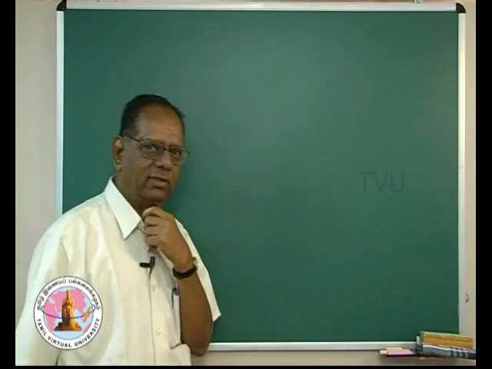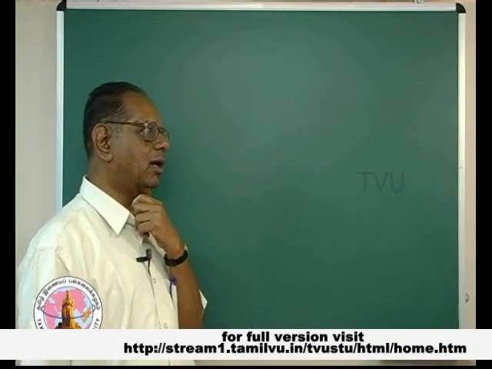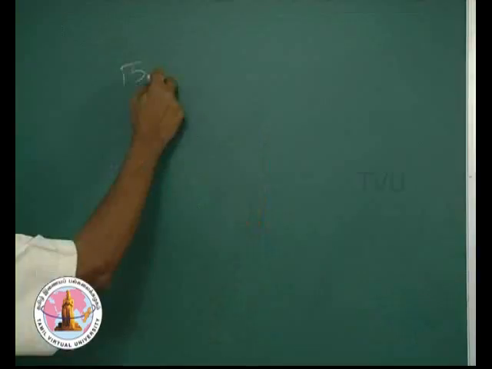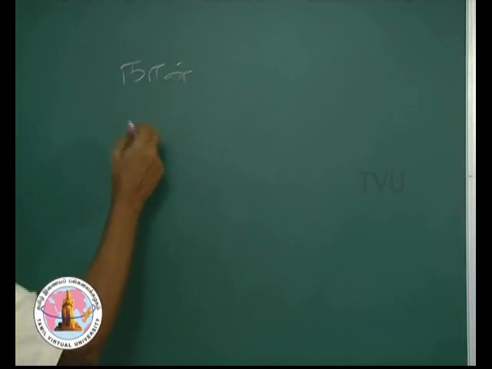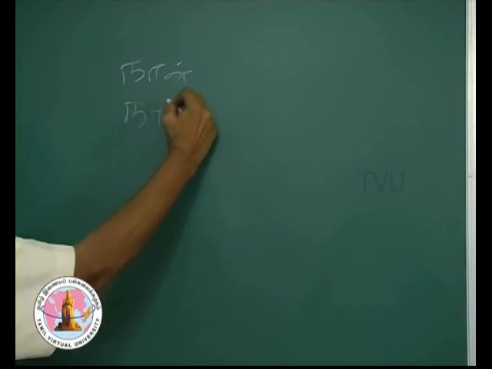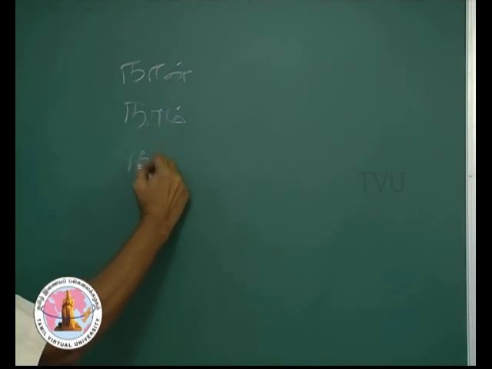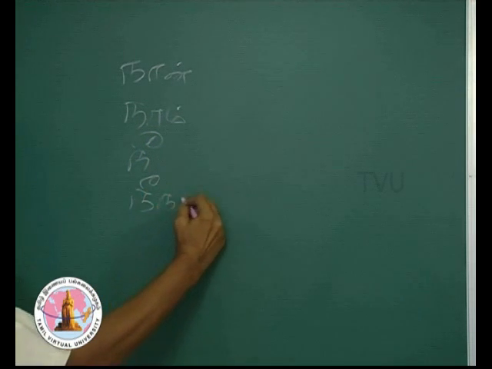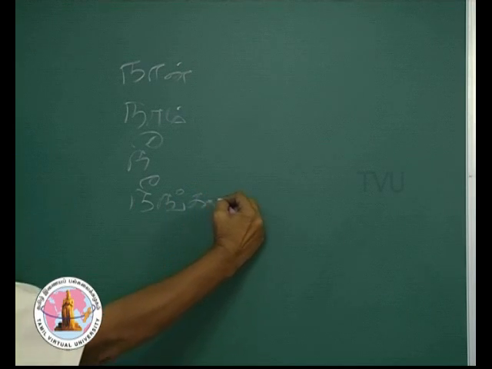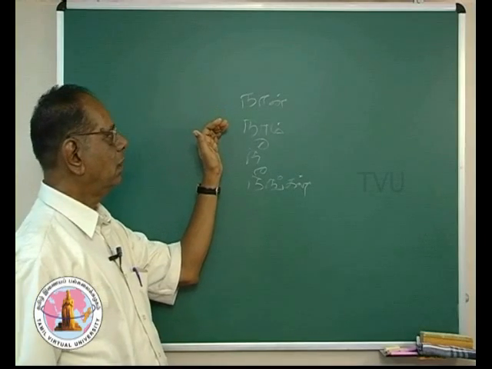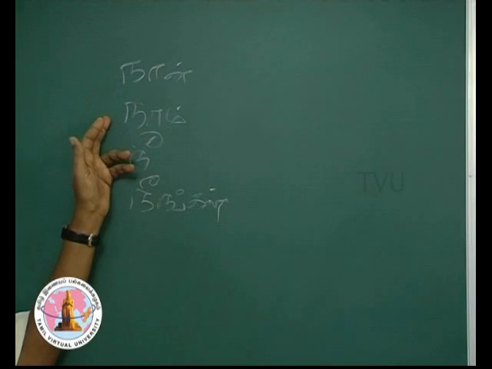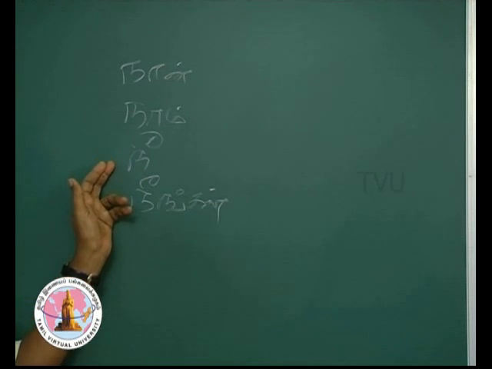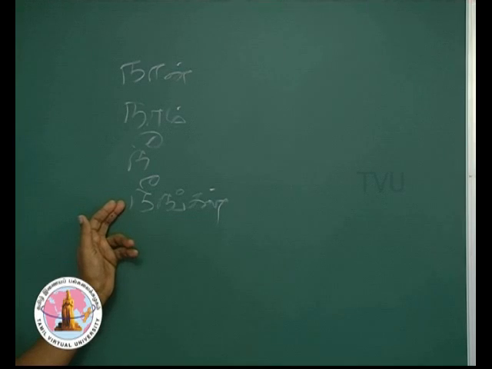In the last class, we were discussing the person, singular and plural, first person, second person, etc. நான், first person singular, நாம், first person plural, நீ, second person singular, நீங்கள், second person plural.